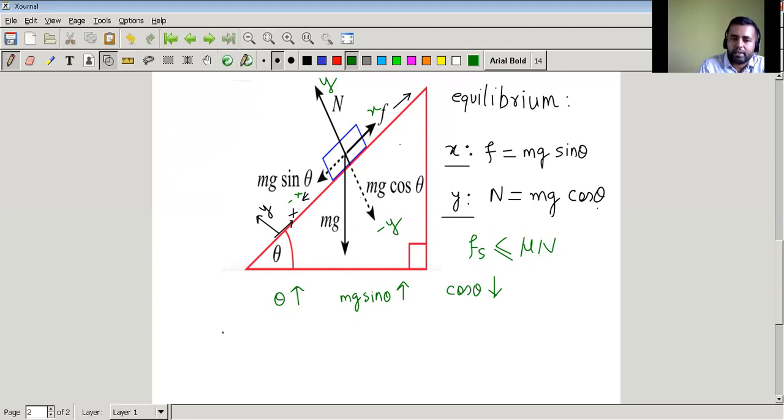Now let us say that theta is equal to alpha, and the block is on the verge of sliding.